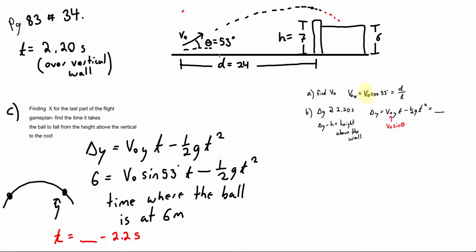And that 2.2 seconds was the time for it to go here. So you're finding the total time minus the time for it to get here. And that just gives you the time it takes for it to go from here to here.